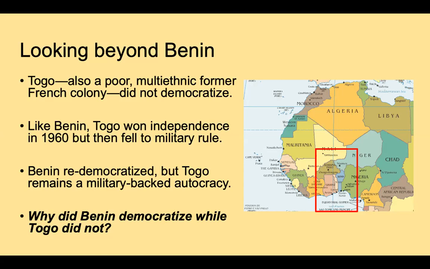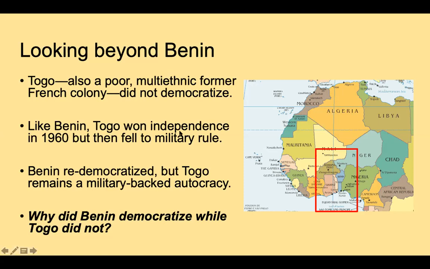And so a pattern emerges across these cases, and that pattern is, why did Benin democratize while Togo did not? This is a very simple pattern, but it's an intuitive one because we've got two very similar cases that went different ways. And yet again, this is an example of a most similar systems design because we have similar countries with different outcomes.